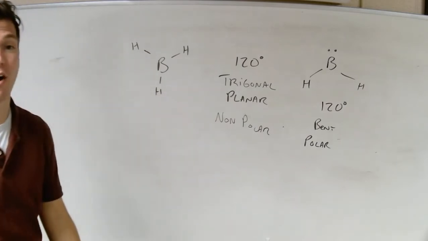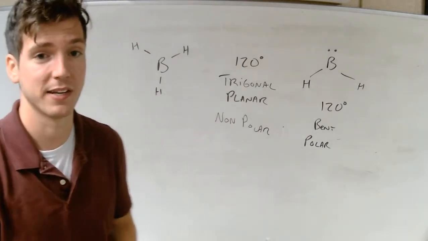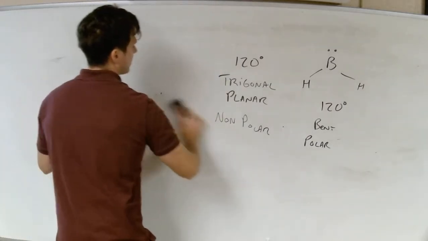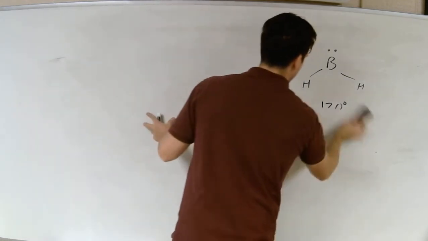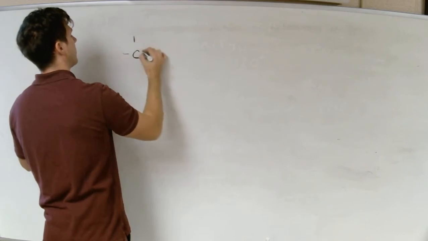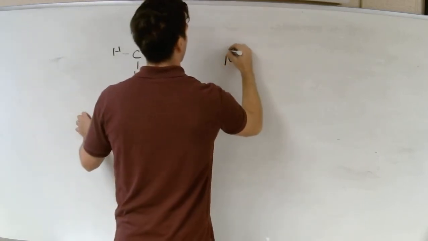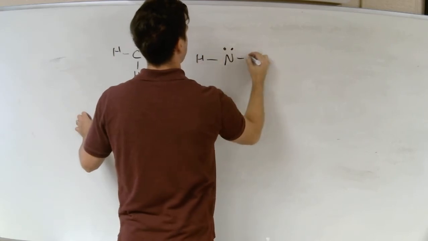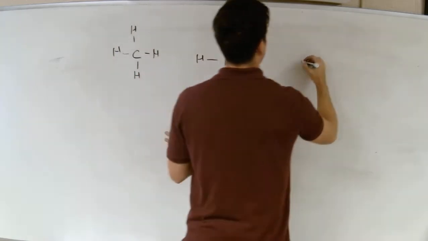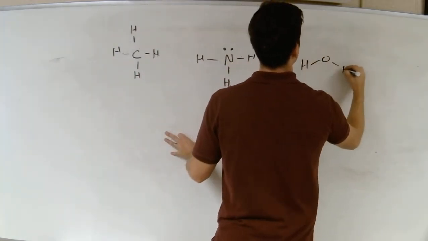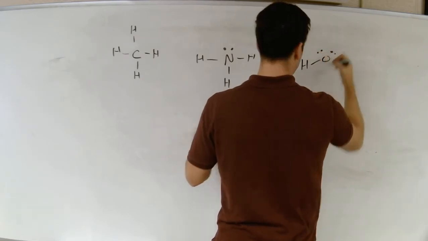Now let's talk about all our 4-domain molecular geometries. We got our 4-domain ones like CH4, NH3, and H2O.